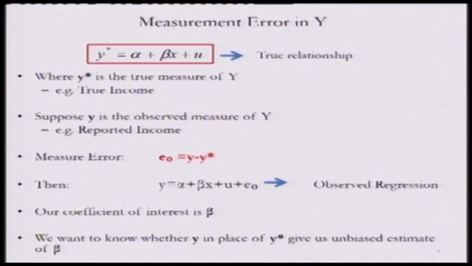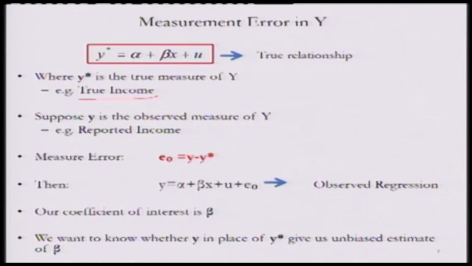So, suppose what we have in front of us is the true relationship. Suppose y star reflects the true value of y. You can think of y as income, for instance, and y star is essentially true income, but often we do not observe true income.